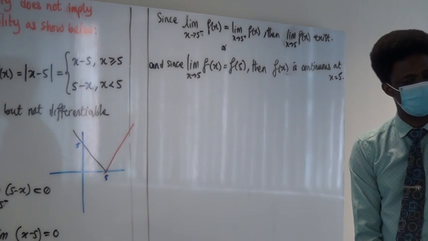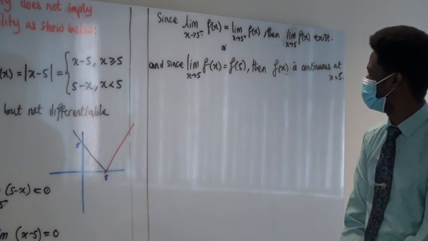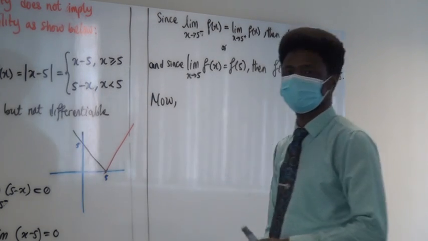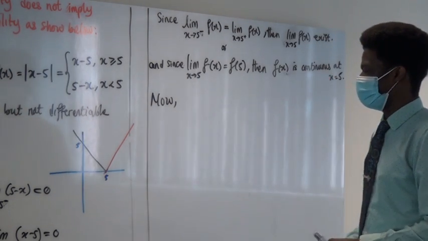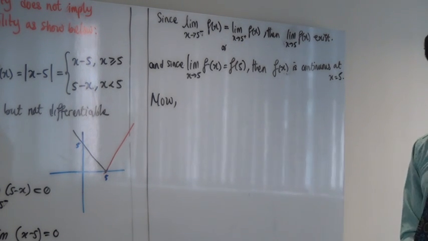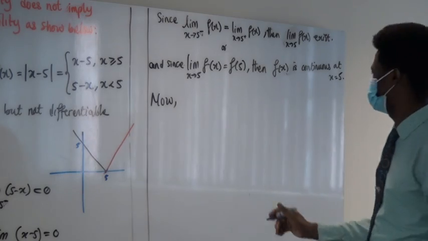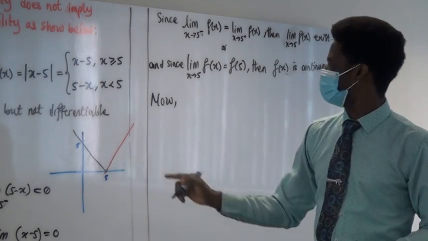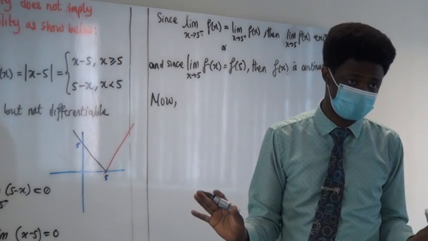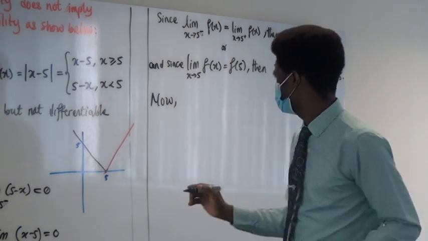But let's look at the differentiability. Pay attention, please. Now, if I try to write the derivative, differentiability does not exist at that point. Doesn't mean differentiability does not exist at other points. Don't get it wrong. Okay?